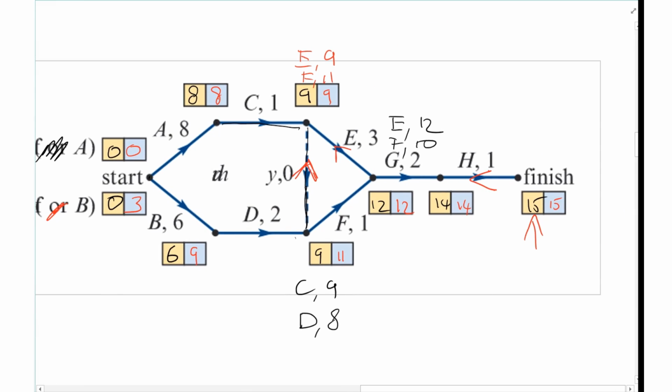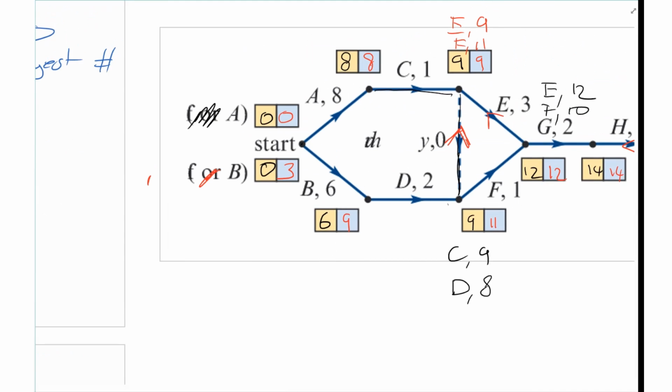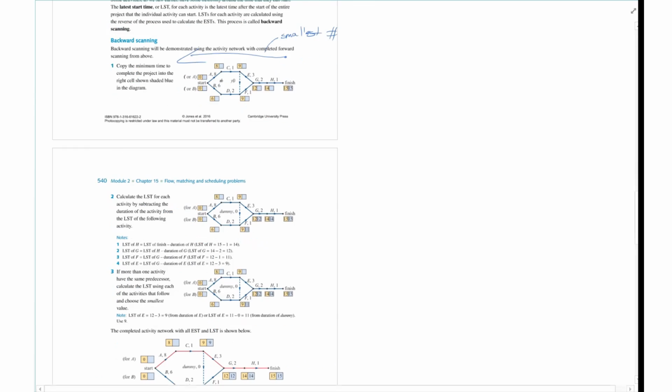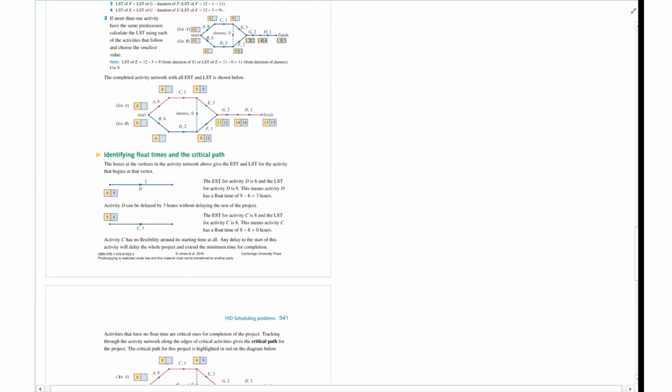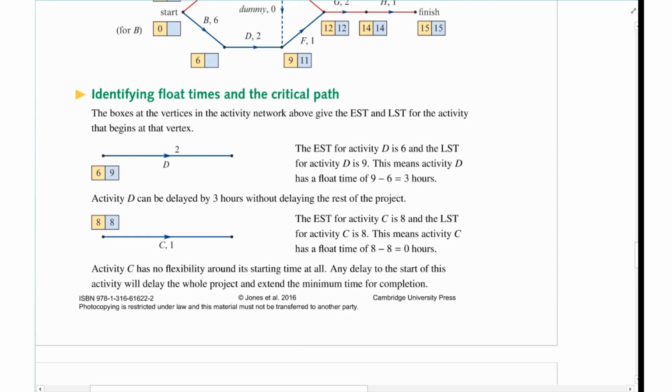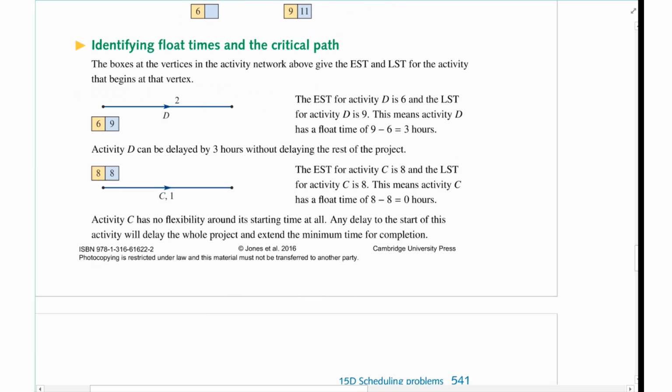So for A, this is where you'd be saying, and what you're looking for here, so we'll come back to this. Let's have a look at this. Identifying float times and a critical path. So what you're trying to look for here is this sort of thing here. I'm looking for a difference. So that one, a difference would be 3.